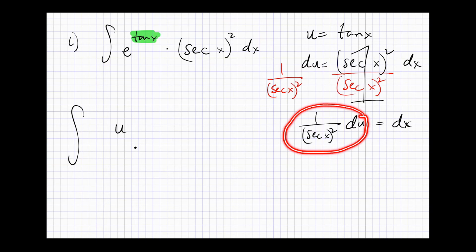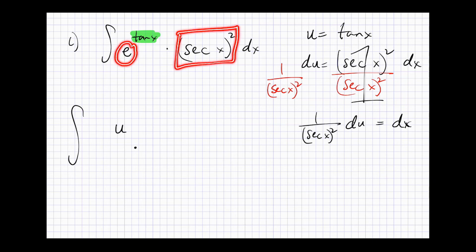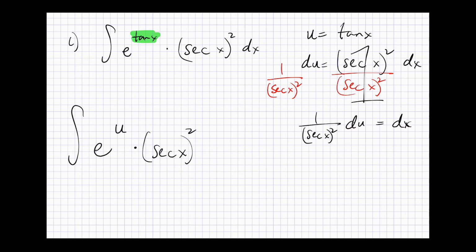Everything else stays. So what did I not take away? I didn't take away the e, and I didn't take away this part here. Those two parts are going to stay. So e goes here. Secant of x squared goes there. This part is going to come in here.